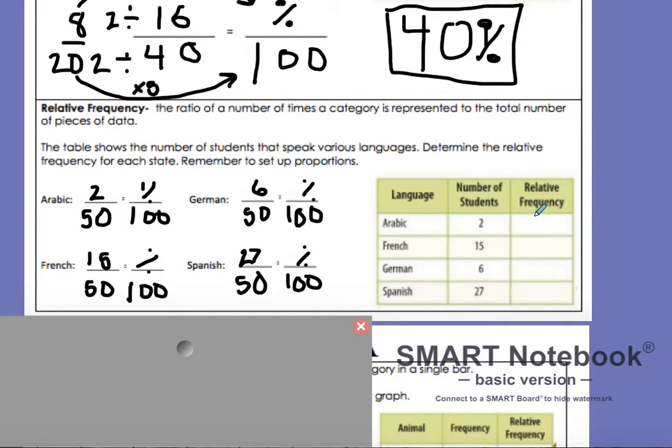So for Arabic, our percent is going to be 4%, or our relative frequency is 4%. For French, it is 30%. For German, we have 12%. And for Spanish, we have 54%.